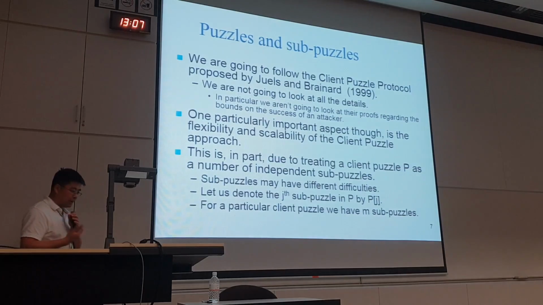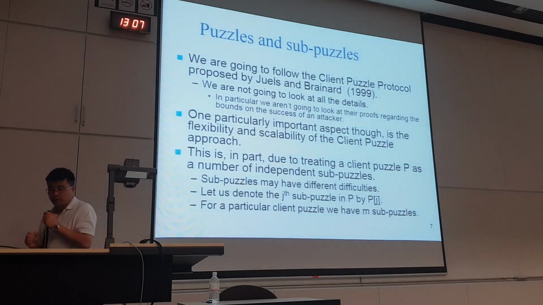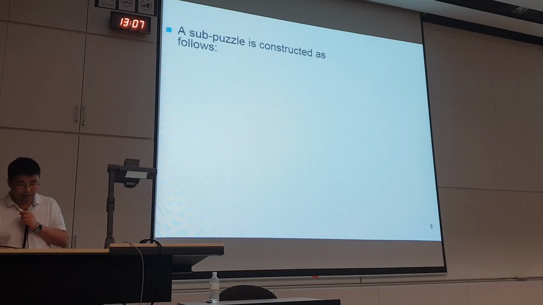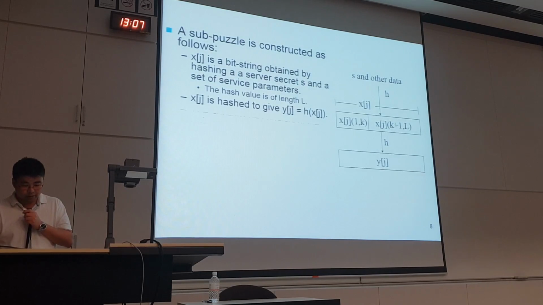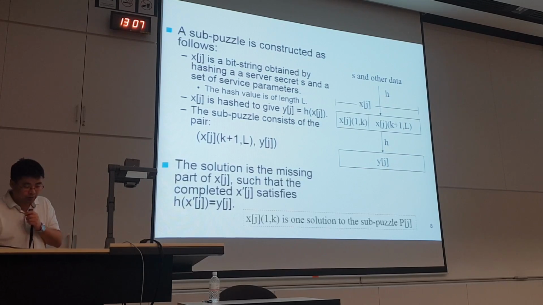So you may think overall complexity is the same, but when we do the analysis, you will find that if we use a set of small client puzzles, then the security is better. We will look at the reason later, when we look at how a set of small puzzles can enhance the security.